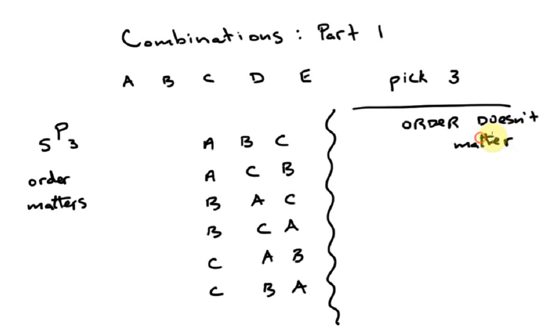If order doesn't matter, then shouldn't I count all of these 6 groups here as 1? Because they all use A, B, C. Doesn't matter what the order is. They all have an A and a B and a C. So these should count as 1.